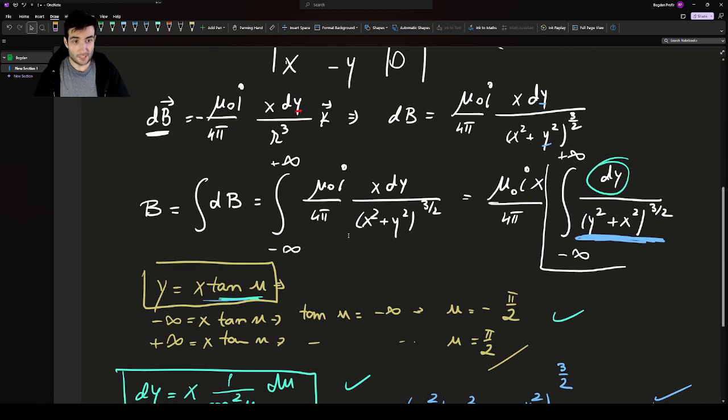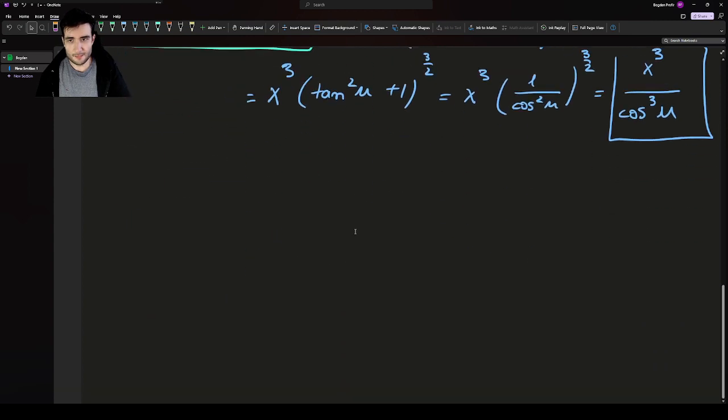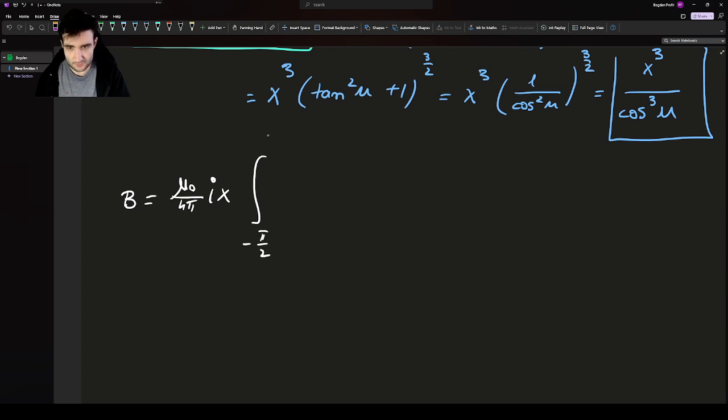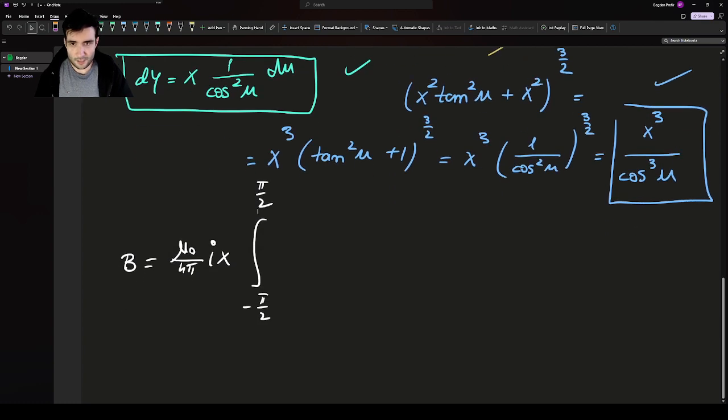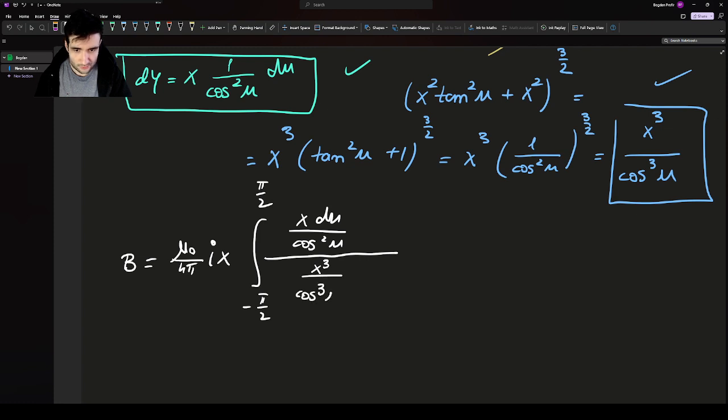So that's done. And now we can assemble everything and find what B is. So B is mu 0 over 4 pi times the current times x, and the integral is now from minus pi over 2 to pi over 2. So dy is x du over cosine squared of u, and then the denominator is x cubed over cosine cubed of u. So let's simplify some things.